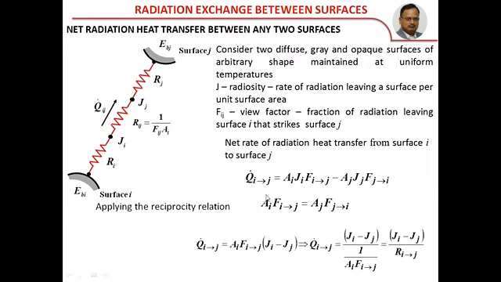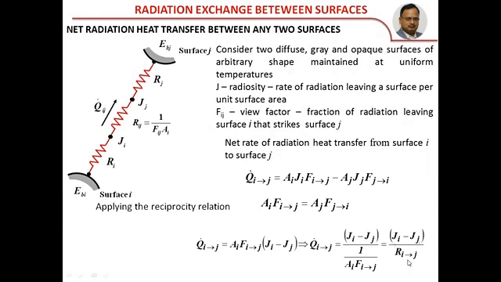So you can write Qi-j as Ai Fi-j into (Ji minus Jj), which is equal to (Ji minus Jj) by 1 by Ai Fi-j. This 1 by Ai Fi-j in the denominator reduces the net radiant heat energy between Ji and Jj and is known as a resistance. And this resistance is called shape resistance.